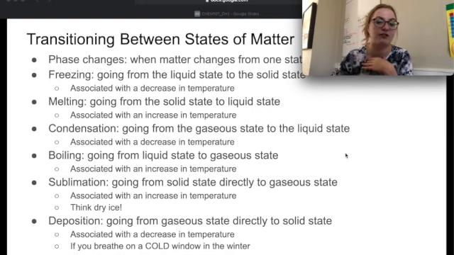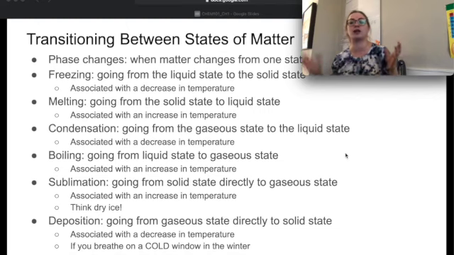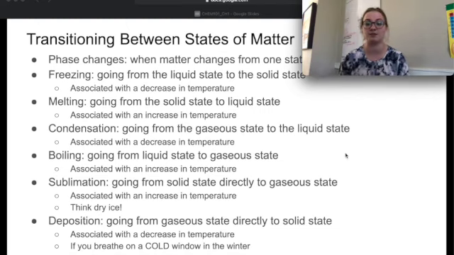It goes directly from the solid state to the gaseous state. So it's associated with a sharp increase in temperature, and this is what dry ice does. Dry ice is frozen carbon dioxide, so it's just immediately going from that solid brick up to a gas.